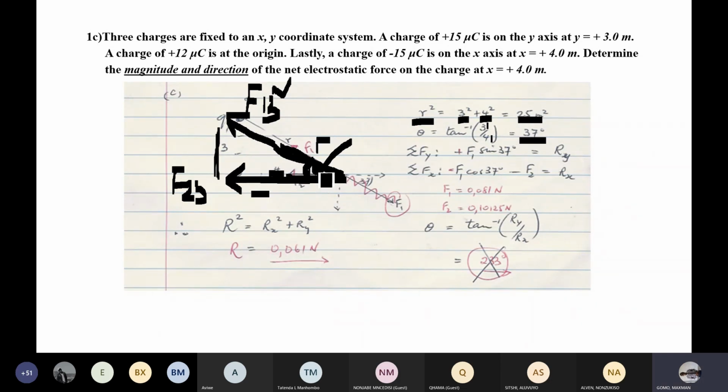So at the bottom, since we know the angle, this side is going to be F13 cos theta. Why? Because the angle is sitting on it, so in other words, it's adjacent to the angle. So you're going to have F13 cos theta. Then on this side, you are going to have F13 sine theta, the opposite one, F13 sine theta.